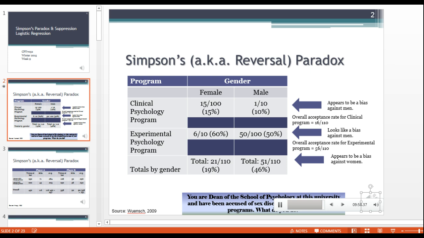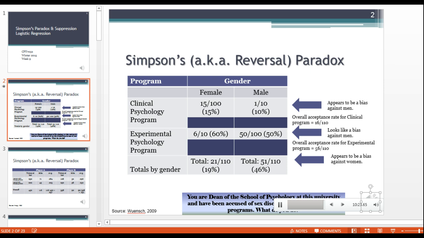And so if we have a very competitive job, but only whites are applying for it for the most part, and then minorities are applying for the job that is a little bit easier to obtain, which we often see in practice, then it can cause conflicting results when we look within that position versus across the positions, as we see here.